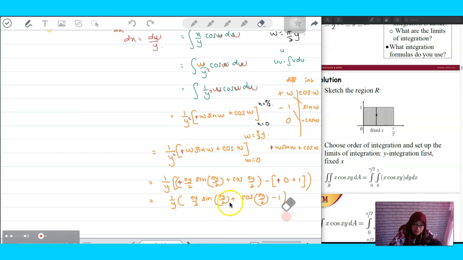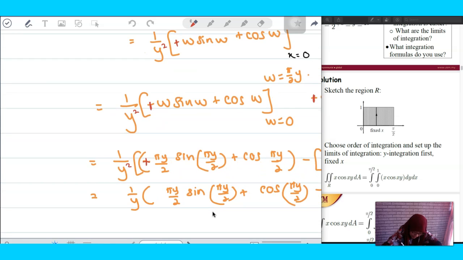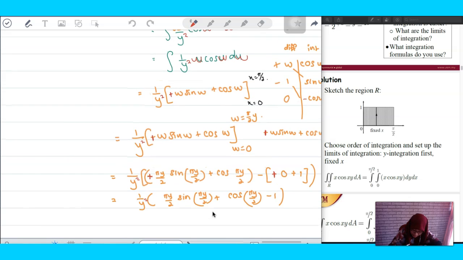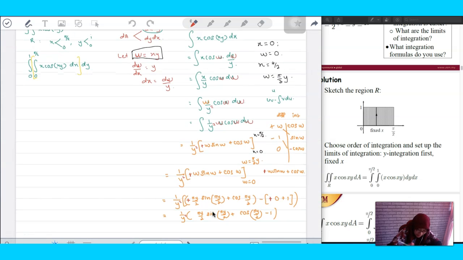Then using this result, don't forget this one is y squared. Sorry, this one is y squared, and this one is y squared. And everything is in terms of y, right? No more x. So then you have to substitute your result here.